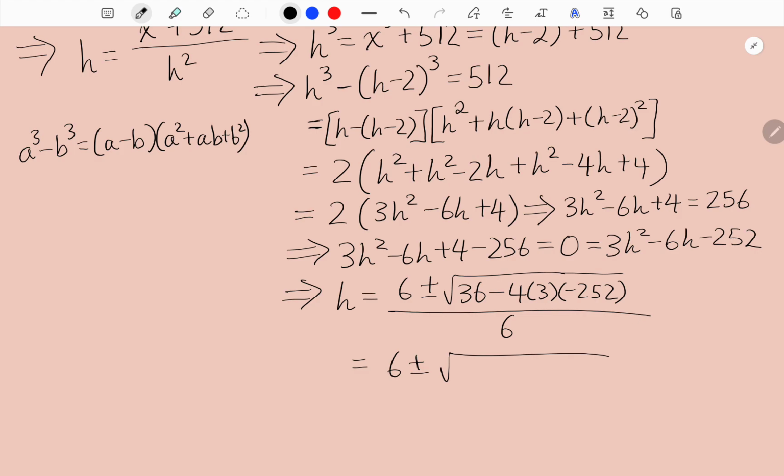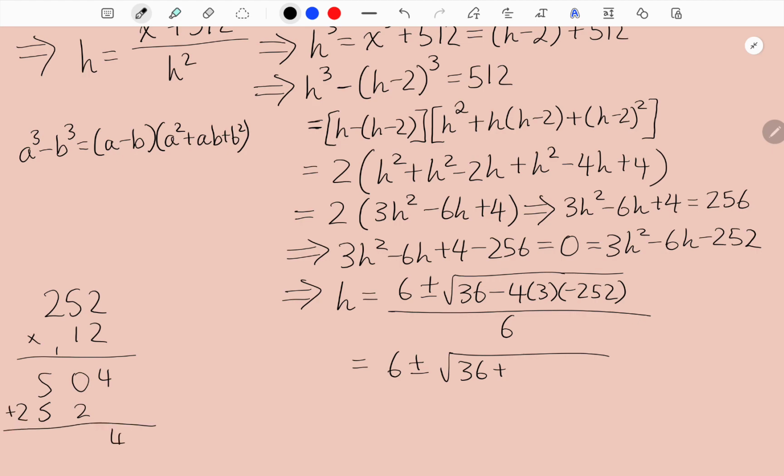So we have 36 plus 12 times, so the two negatives become a positive, 252 multiplied by 12. 2 times 2 is 4. 2 times 5 is 10. 2 times 2 is 4 plus 1 is 5. 1 times 2 is 2, so this is like 10 times 2 is 20, essentially. 1 times 5 is 5, 1 times 2 is 2.